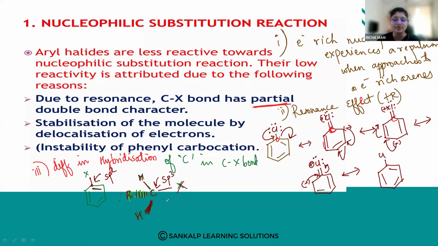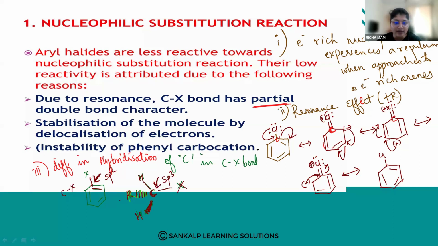The sp2 hybridized carbon will have a greater s character, and because of greater s character it is more electronegative. So it can hold the electron pair more tightly, and thus the C-X bond is held more tightly as compared to the sp3 hybridized carbon of the haloalkane.